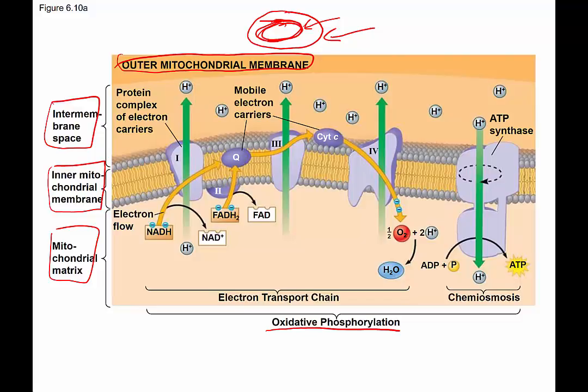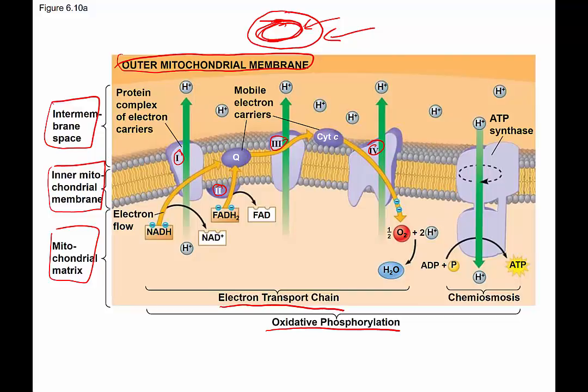As talked about in the video, there are multiple proteins embedded in the inner mitochondrial membrane. The video talks about enzymes called NADH dehydrogenase, ubiquinone, and other things like that. Our textbook actually uses simpler names, such as complex 1, complex 2, complex 3, and complex 4. These make up the electron transport chain.